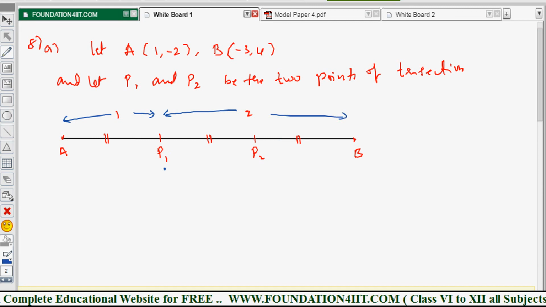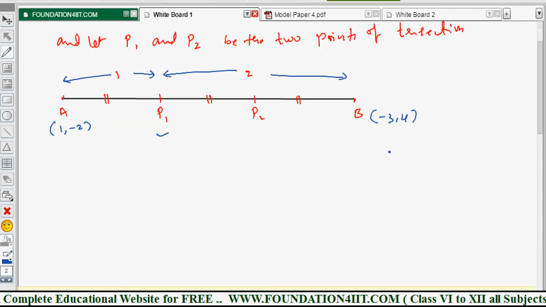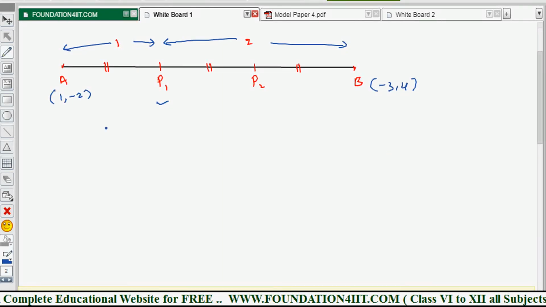So let us find out the P1 first. Is dividing the ratio 1 is to 2, that AB line segment. Okay, we can use the ratio formula. So A is 1 comma minus 2 and B is minus 3 comma 4. We'll use the section formula to find out this 1:2 ratio.